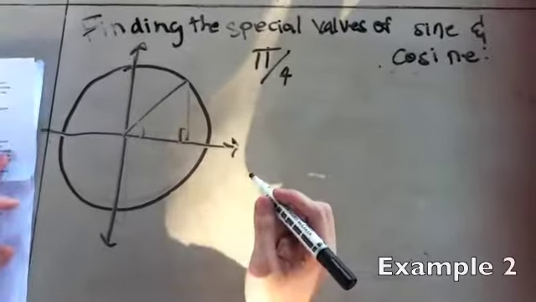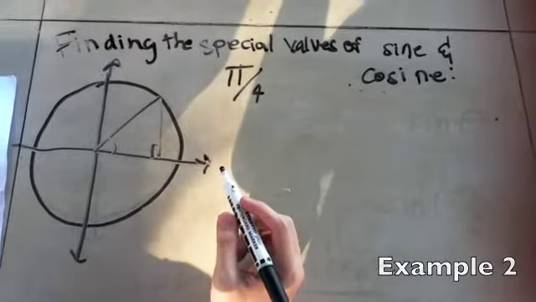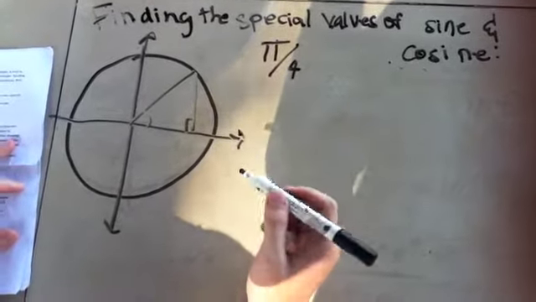Example 2. Find the sine and cosine values of pi over 4 radians.